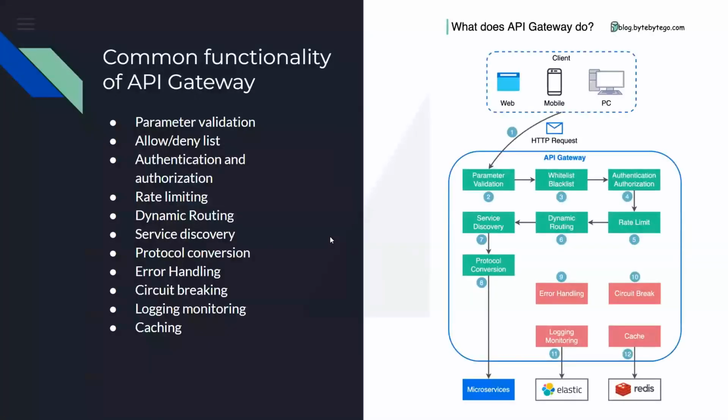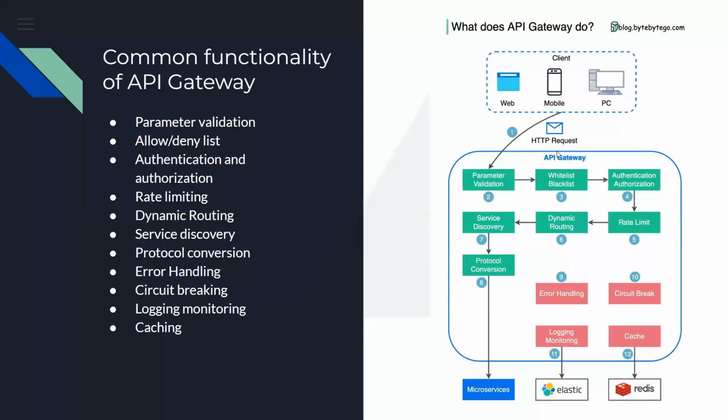So what are the common functionalities of these API gateways? We have the functionalities listed, and then we have them presented on the diagram on the right. So this is just like a request, an HTTP request coming from a client, which can be web, mobile, or PC. And to show just how the API gateway functions, this request comes and goes through parameter validation.